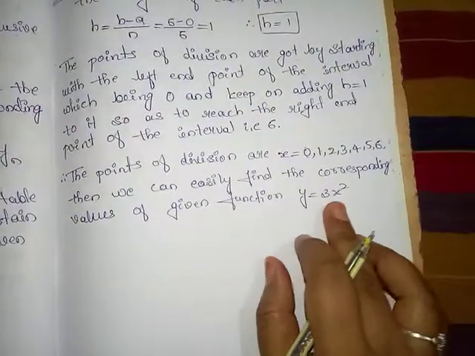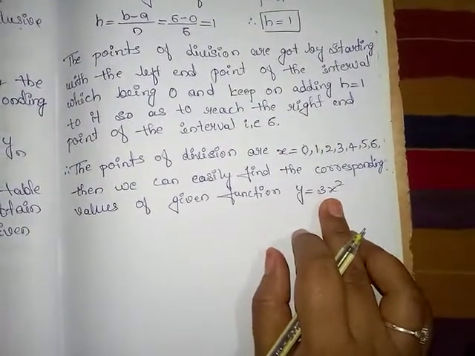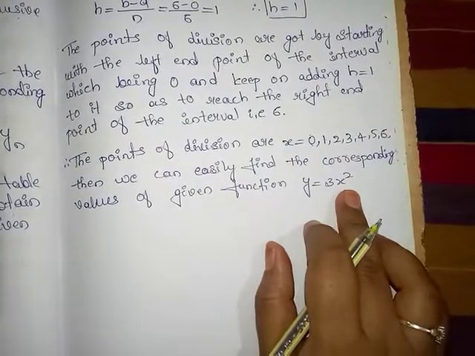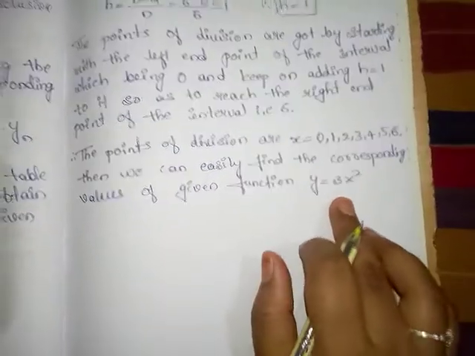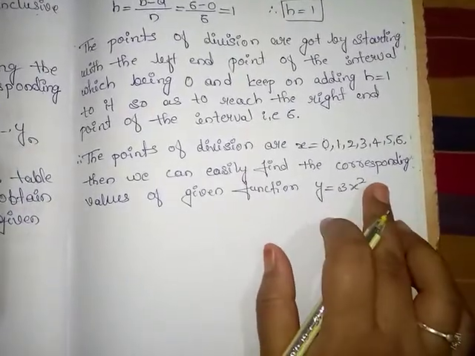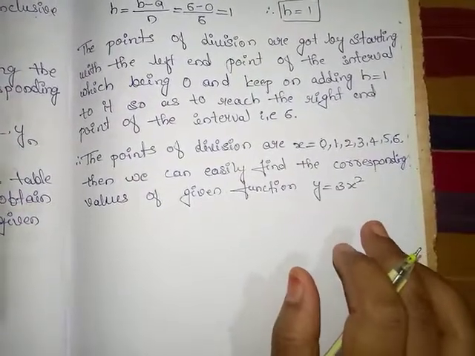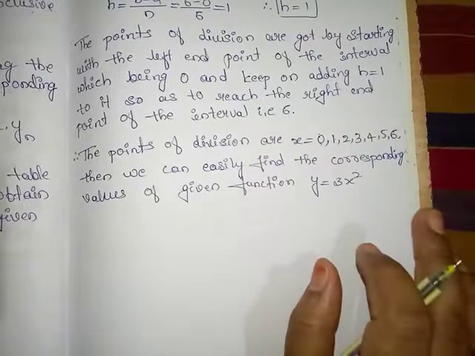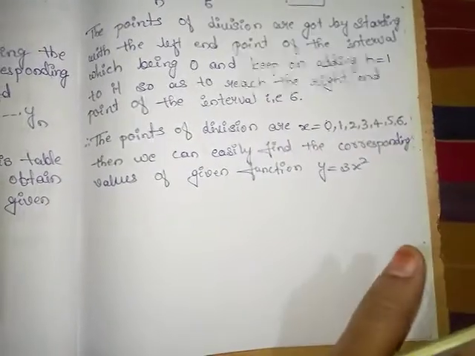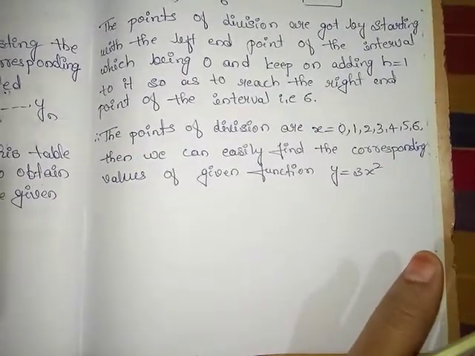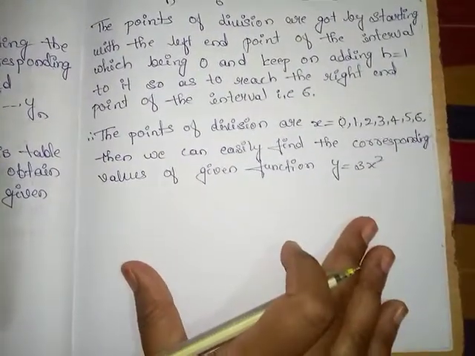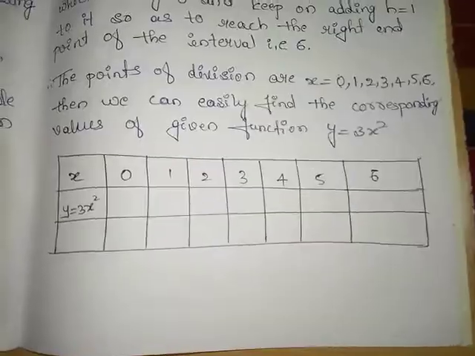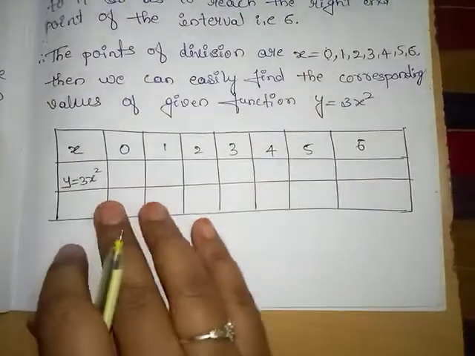Means what? First you have to substitute the values of x here, means 0, 1, 2, 3 to 6. You will get the corresponding values of the function y, which we call y0, y1, y2, y3 and so on. To represent those values, what do we have to do? We have to tabulate here. This is the tabular column.